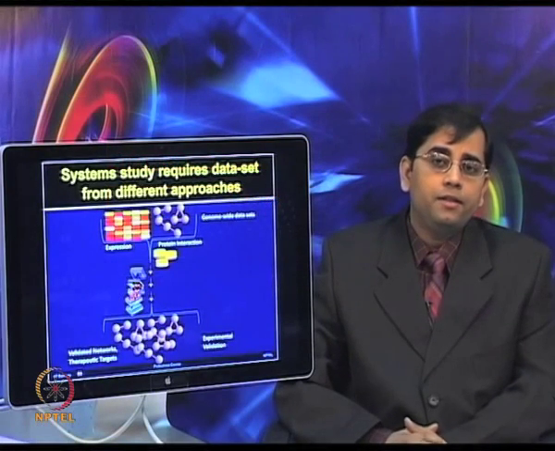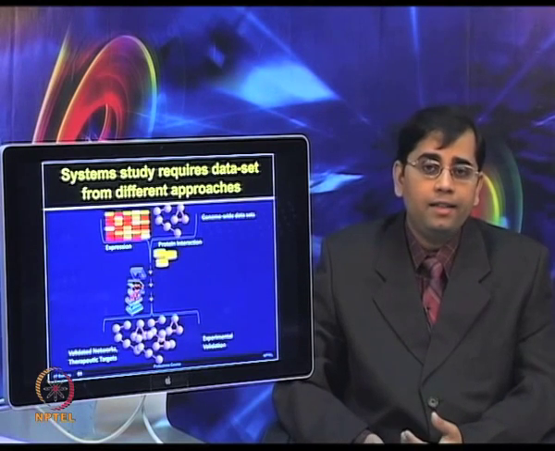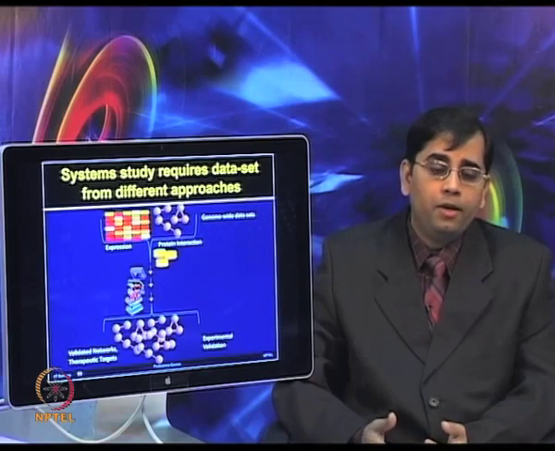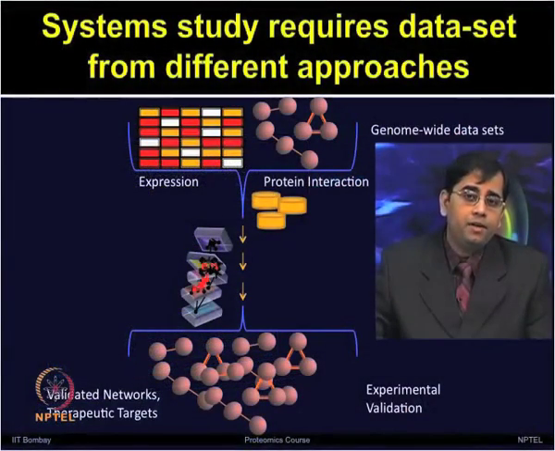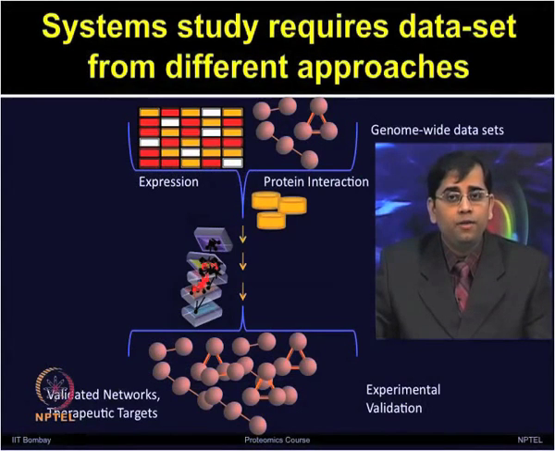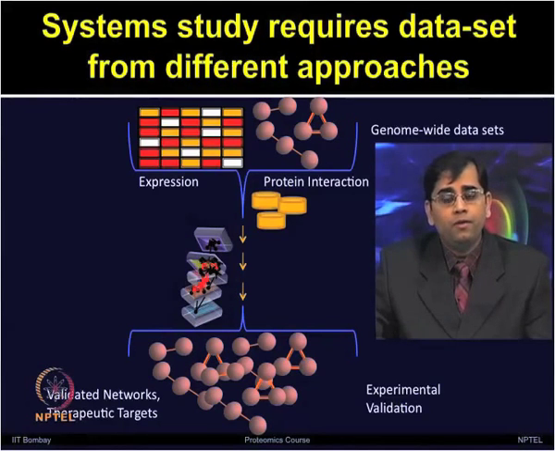The system study requires obtaining data sets from different approaches and analyzing them. For example, as shown in the slide, the genome wide data sets can be derived at the genome level and looking at the expression of the different transcripts, or at the proteome level looking at different types of protein interactions.